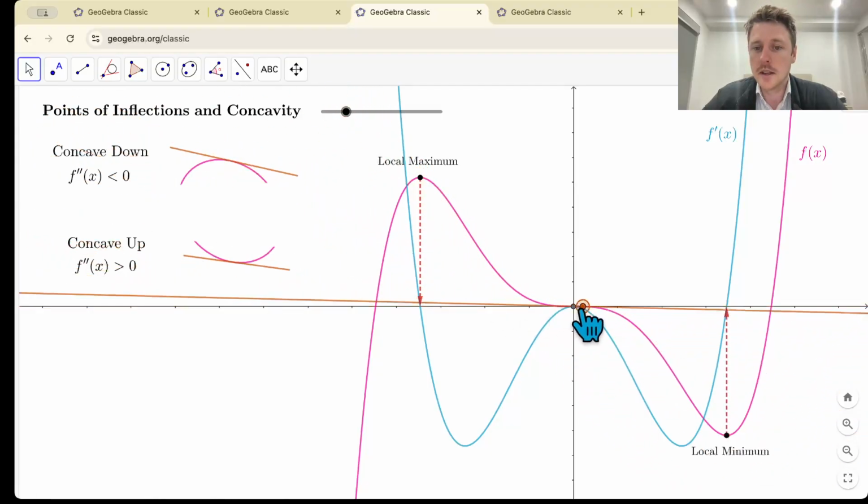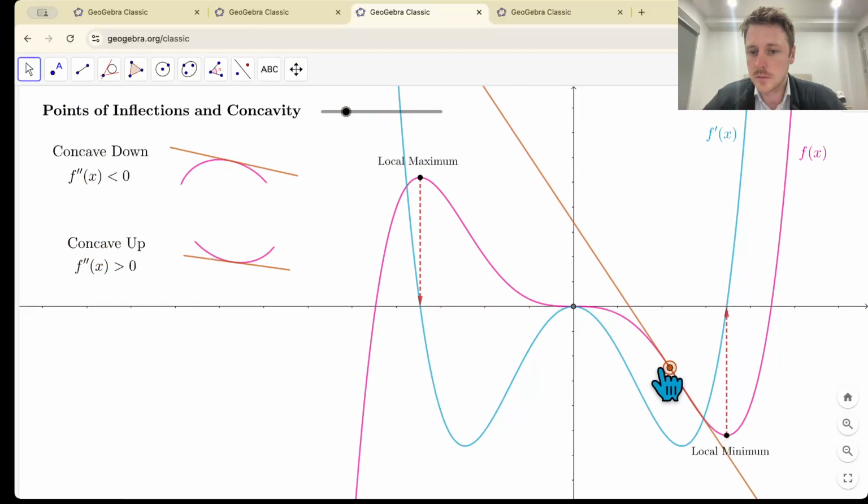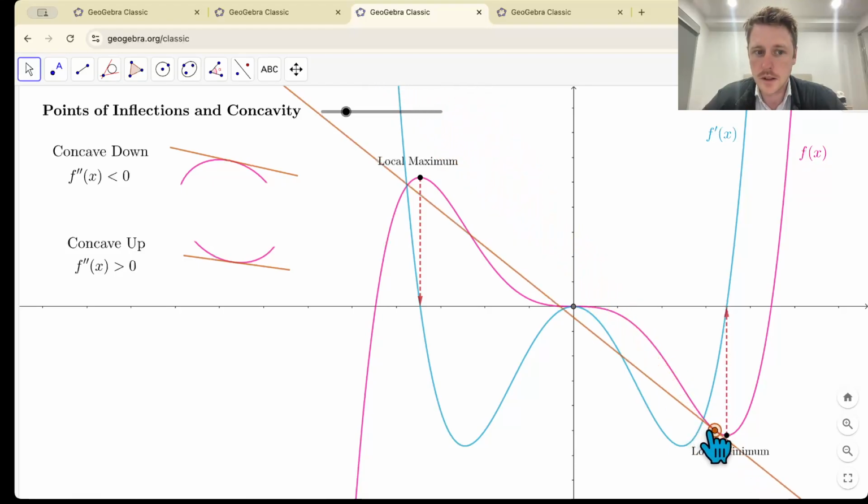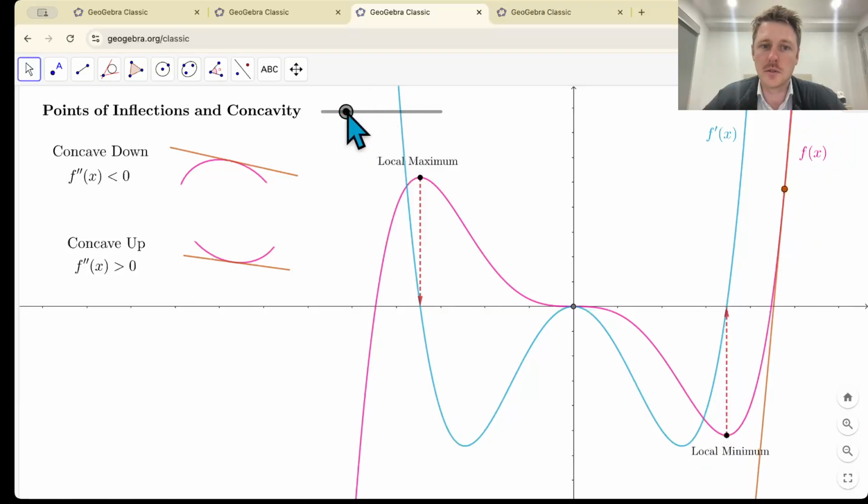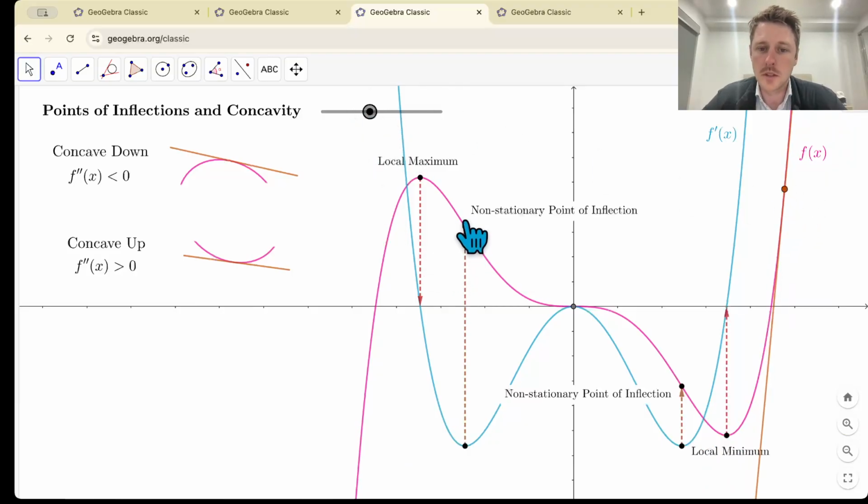Okay, and so yeah, you get this cool stuff going on. And similarly over here, you can see that it's concave down, and then it becomes concave up, and then it's concave up all the way to here. Okay, so if we just sort of step this out, we can see that this point here that we were describing is a non-stationary point of inflection.